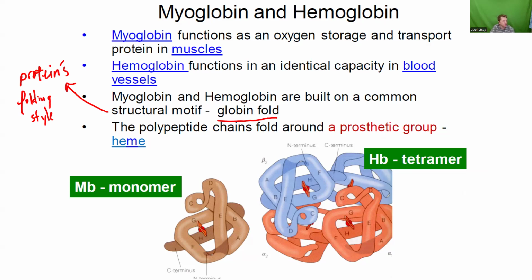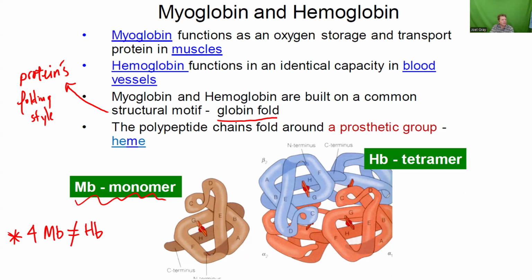Okay, now what I'd like to draw your attention to on the left-hand side here is a monomer, and that monomer is myoglobin. So this is our myoglobin protein. On the right is our tetramer. That is hemoglobin. Now, one detail that I want you to know about, and I'm going to make that note right here, is that myoglobin does not equal hemoglobin. Okay, so hemoglobin is made up of 4 subunits that are very similar, but they are not the same as myoglobin.